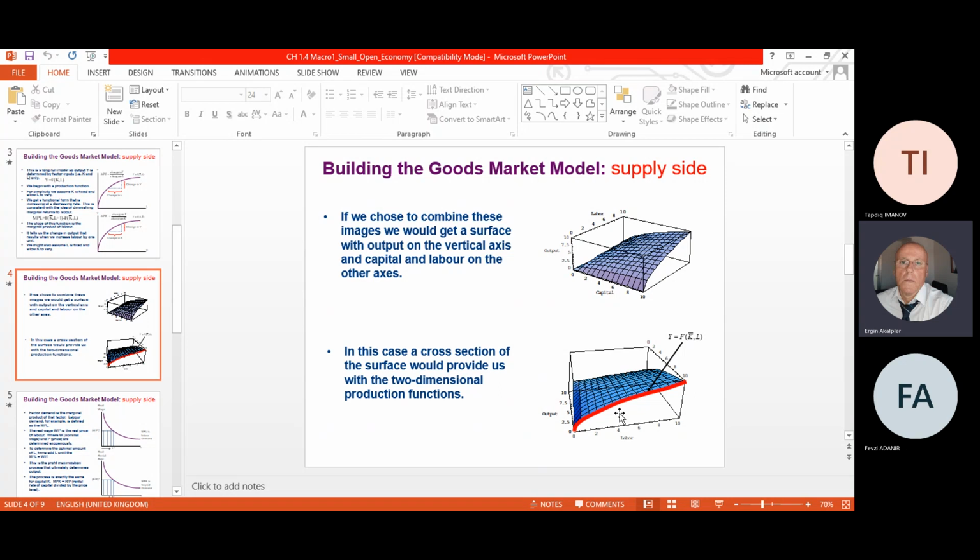If we combine these images, we will get a surface with output on the vertical axis and capital and labor on the other axes. A cross section of the surface will provide us with the two-dimensional production function, as I mentioned to you. The vertical axis is again the output, and the others are labor and capital in the three-dimensional graph.